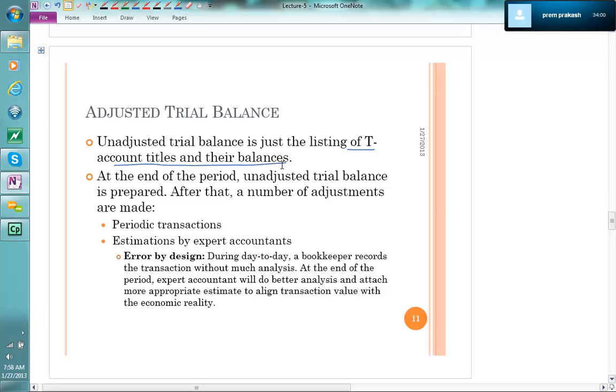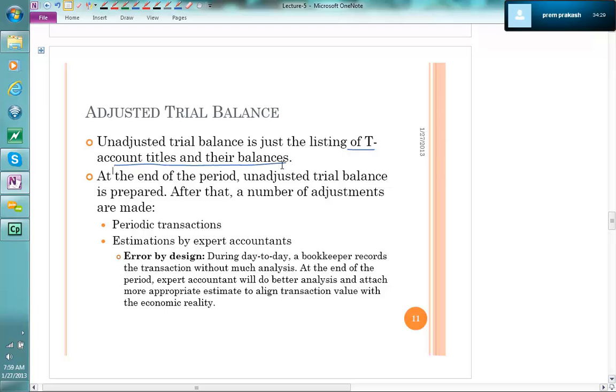Suppose you have to make such decisions, say one every 2 or 3 days, and the day-to-day bookkeeper is not in a position to make the judgment. If you call the expert accountant, or special people who are capable of making those decisions, it will not be cost-effective for the organization. So we say, okay, you just take a call.